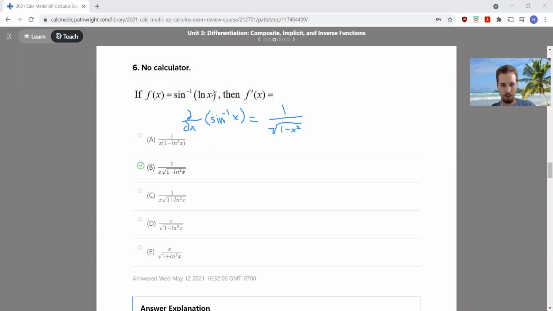So, unfortunately, we don't just have inverse sine of x. We have a function inside a function, right? So the derivative of inverse sine of ln of x, well, it's going to be same thing for the most part, 1 minus, but in this case, instead of x squared, because we don't just have an x, we have an ln of x, we want an ln of x squared.